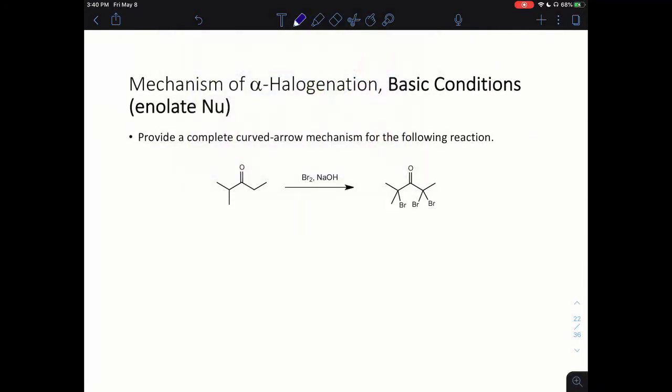We're going to look at the mechanism of alpha halogenation under basic conditions. This time, instead of acetic acid, we're treating with a base, with sodium hydroxide. And we are observing a different product. So we're observing a product where all of the alpha CHs have been substituted with bromines.